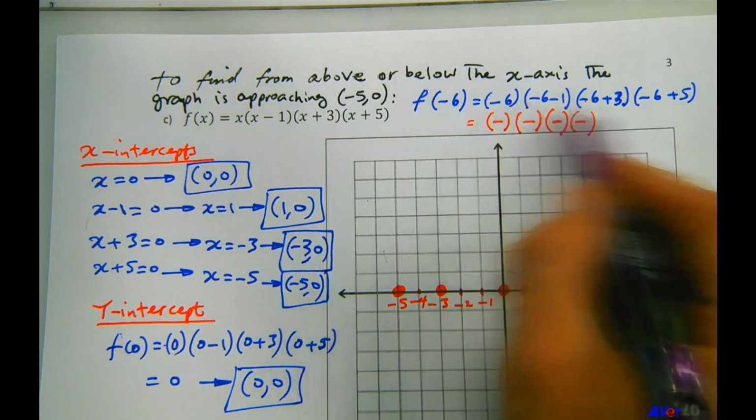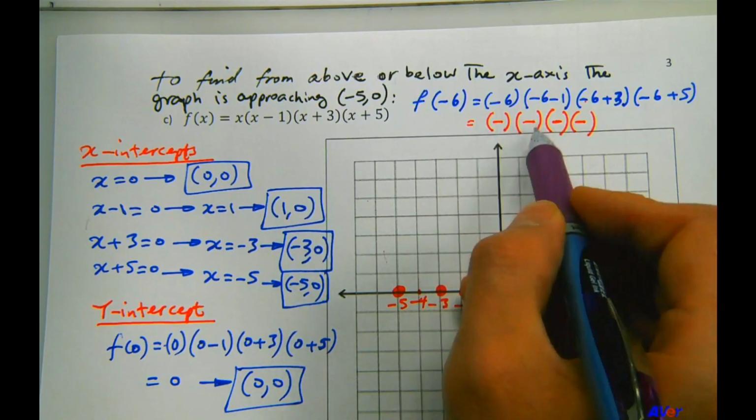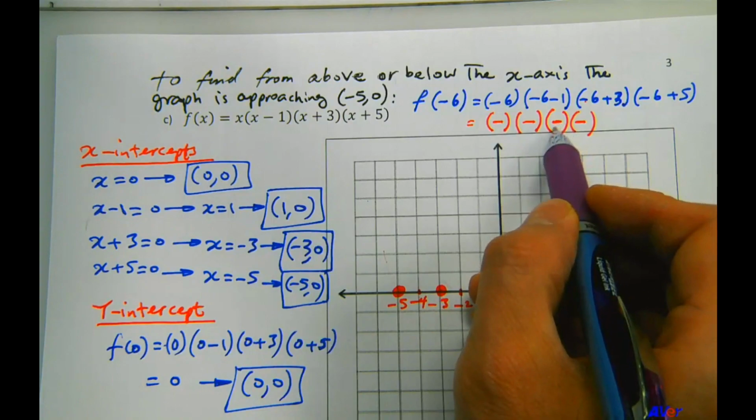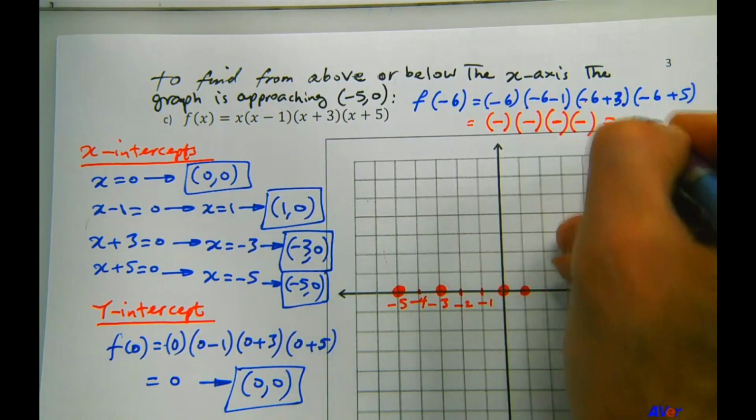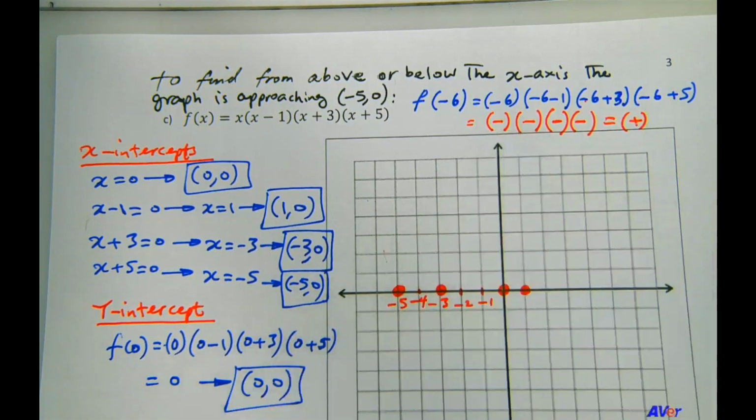So for each factor, we end up with a negative value. 4 negative values multiplied by each other, what do we get? We get a positive final value, because if you multiply an even number of negative numbers, you get a positive number. If you multiply an odd number of negative numbers, like 3 of them, you get a negative result.